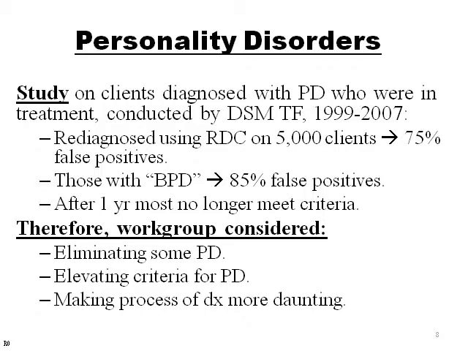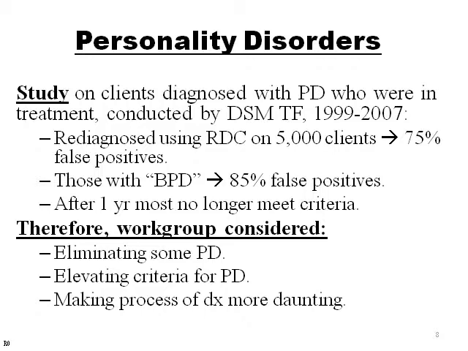And so the DSM task force used research diagnostic criteria, interviewed 5,000 clients, and what they found was 75% false positives of those who had previously been given a diagnosis of a personality disorder. For those who had previously been given a diagnosis of borderline personality disorder, they found an 85% rate of false positives. So this was quite alarming.